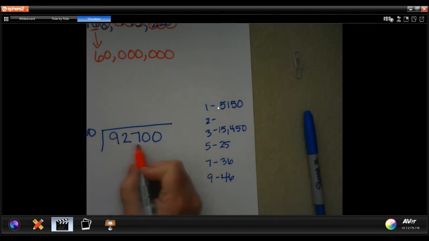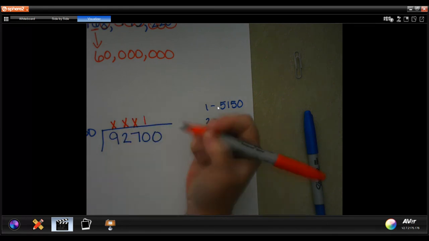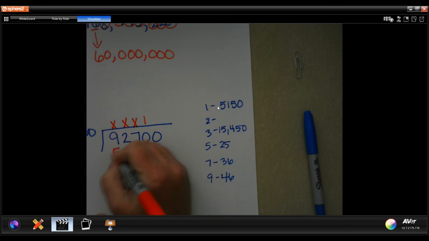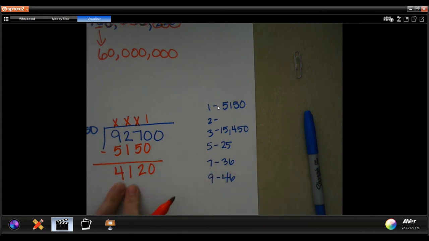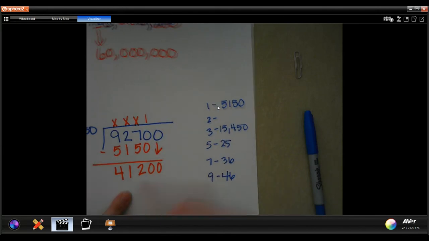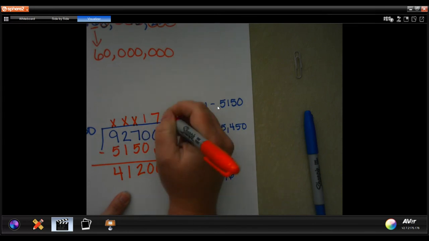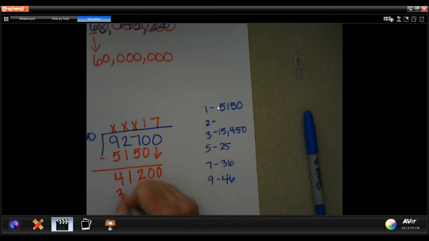Okay, we're going to put it into the 92,700 first. It's not going to go into 9. It's not going to go into 92. It's not going to go into 927. Let's do this, okay? Sorry, guys. Miss Leah messed that one up. Okay? Yeah. Okay. This is smaller than this. So we're good. We can bring down this other 0. Now, 41,000, that's 46. So we're going to go 7. Okay, and 7 was, let's see, 5,150 times 7 was 36,050.